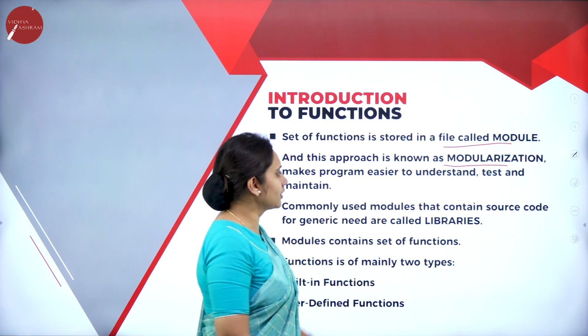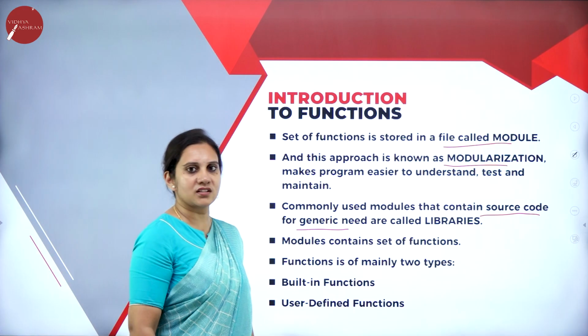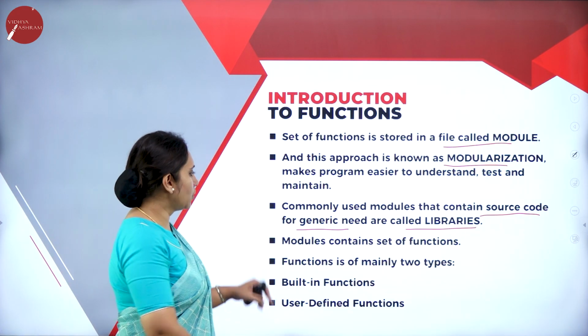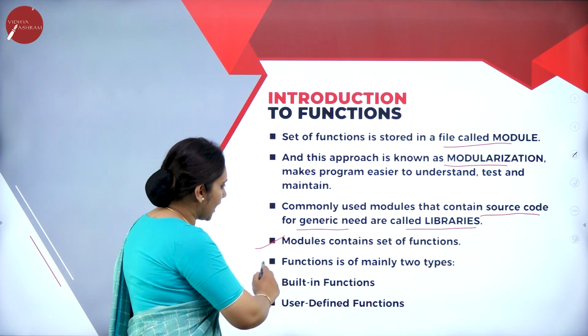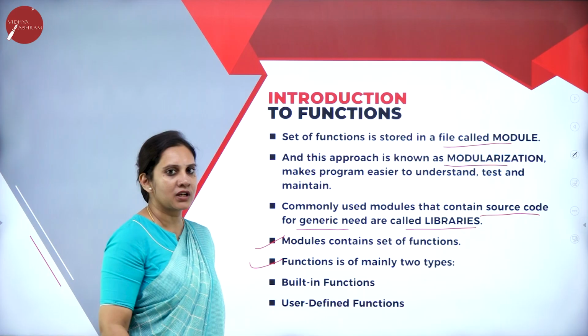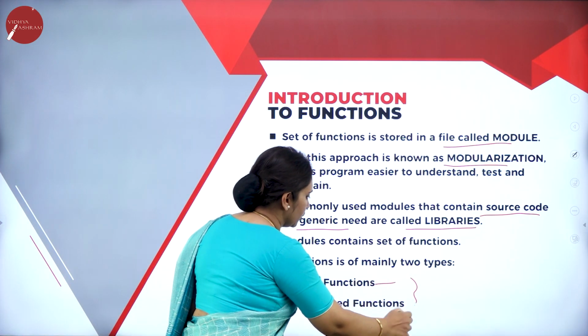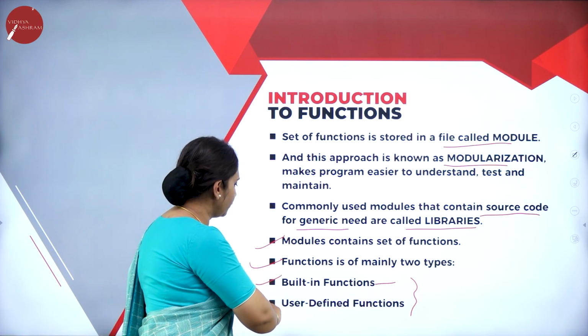Commonly used modules which contain source code for a generic purpose, we call them what? The libraries. Next, modules contain a set of functions, and the functions are mainly of two types. Which are the two types? Built-in and user-defined functions are the two main types of functions.